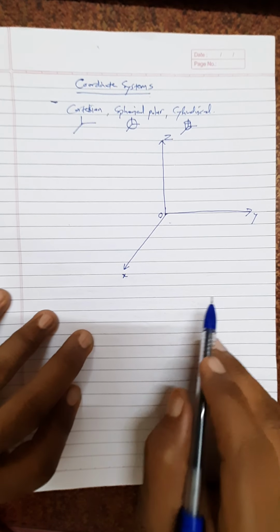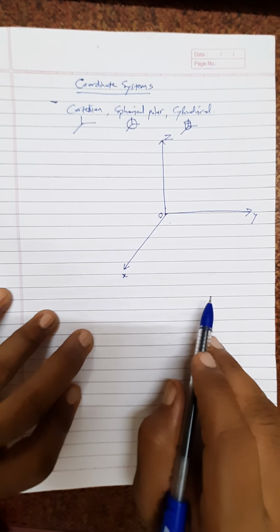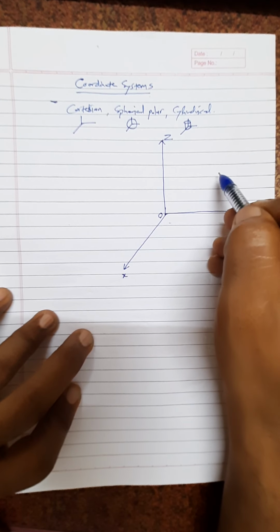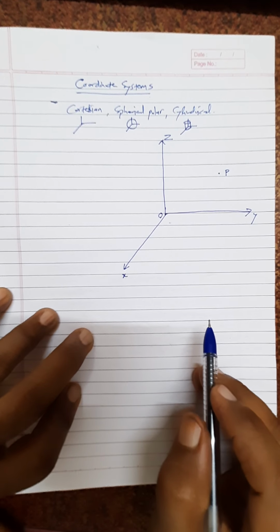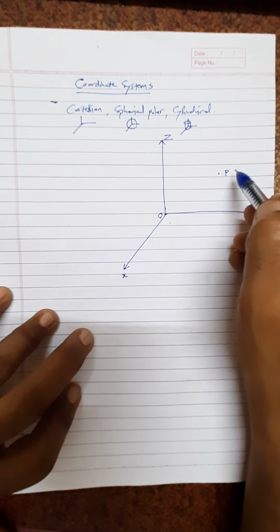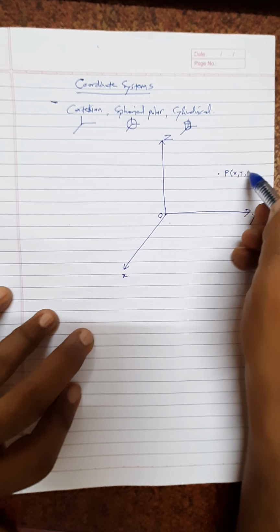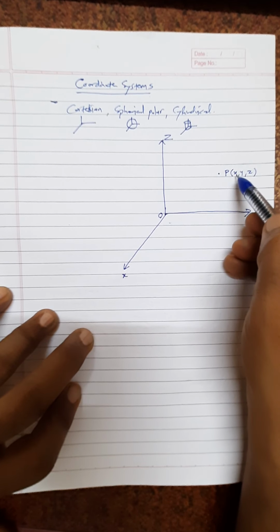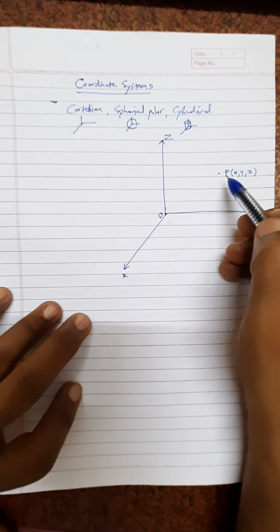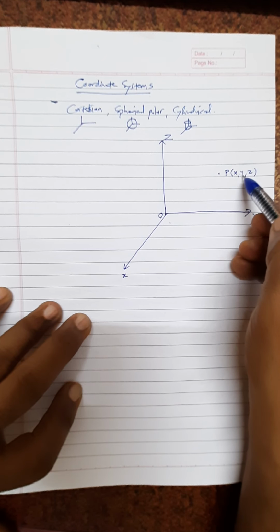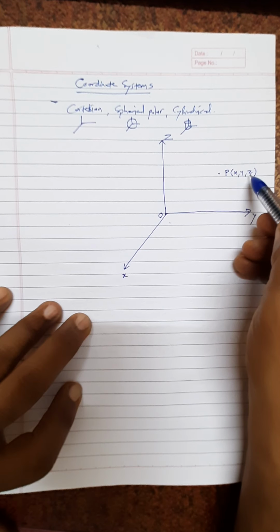Suppose we have to represent the position of a point P. Then the point P is expressed as P(x, y, z), where x is the position along the x axis, y is the position along the y axis, and z is the position along the z axis.